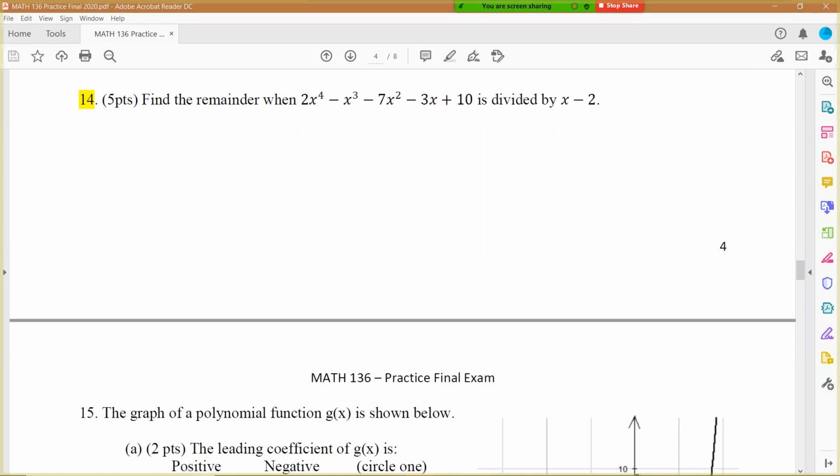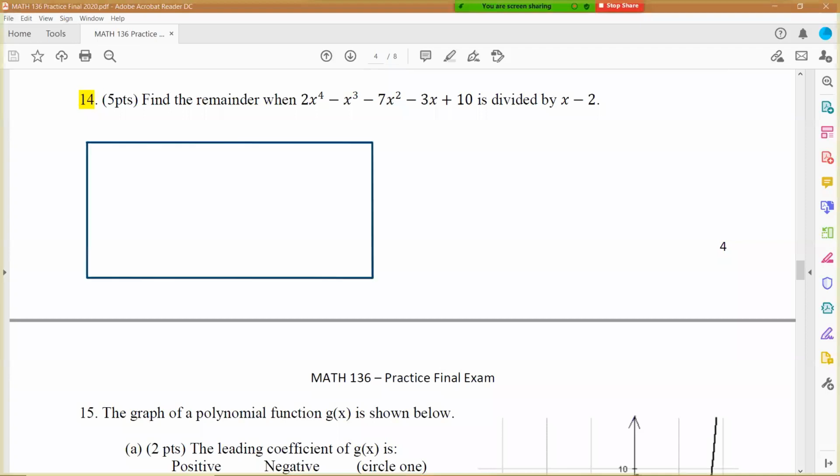So remember with synthetic division, we need 3 rows every single time. The number of columns depends on the number of terms that we have. So it looks to me like we have 5 terms, so we're going to need 5 boxes.